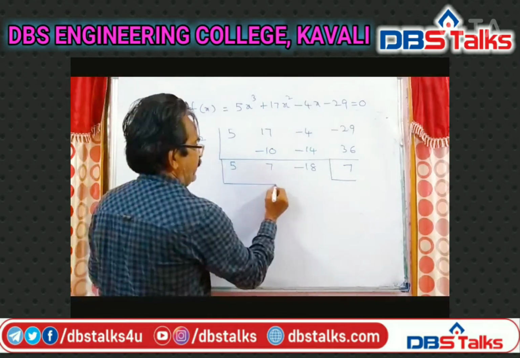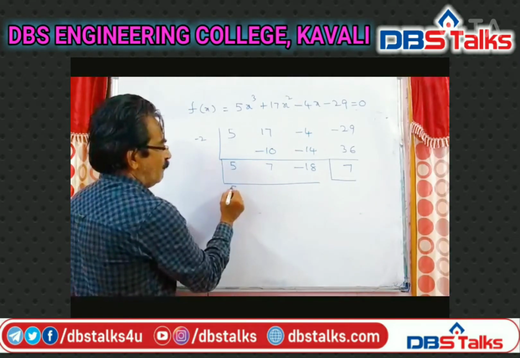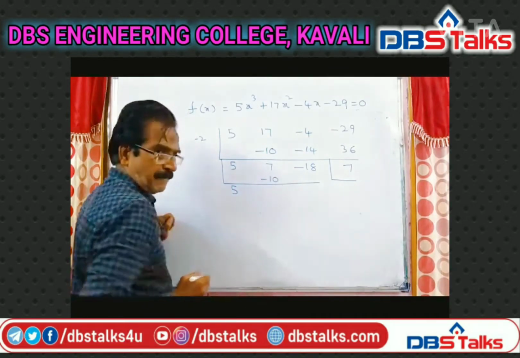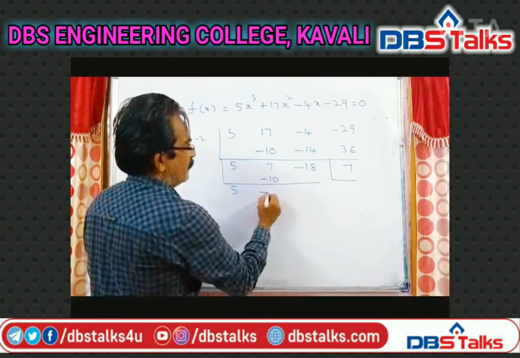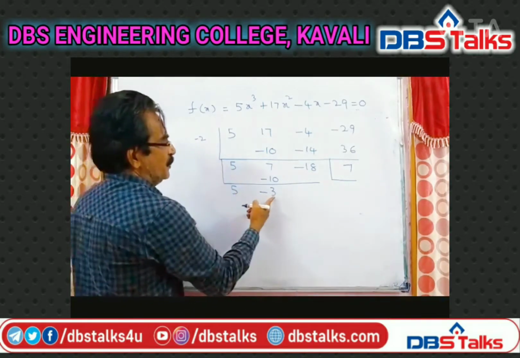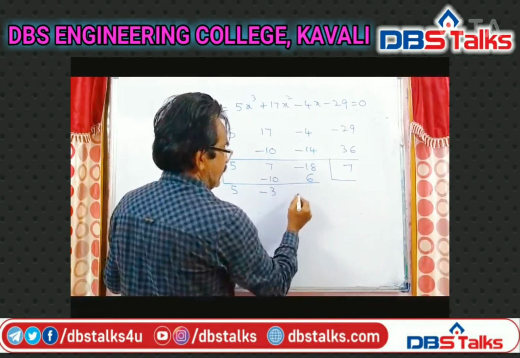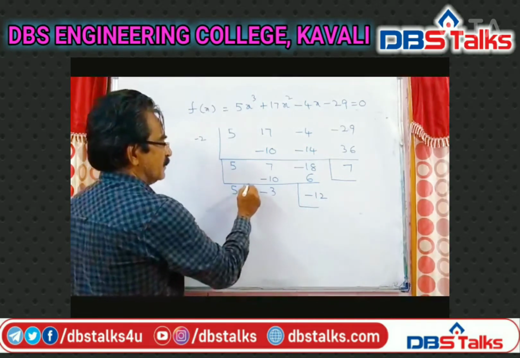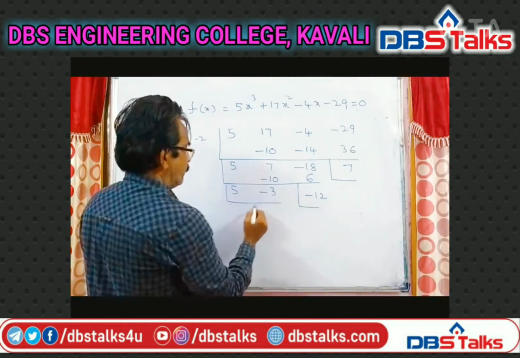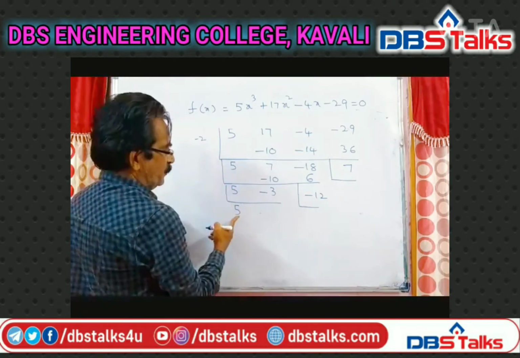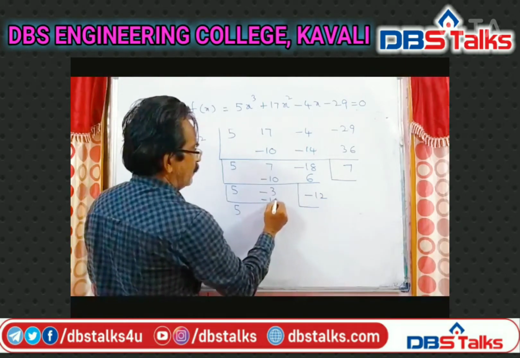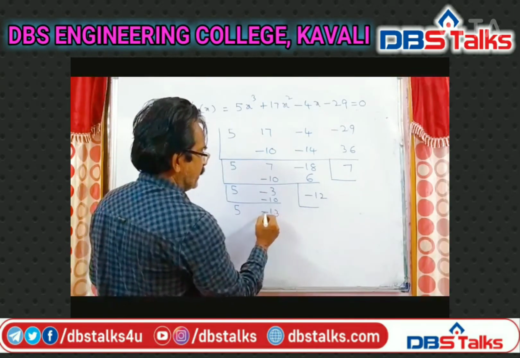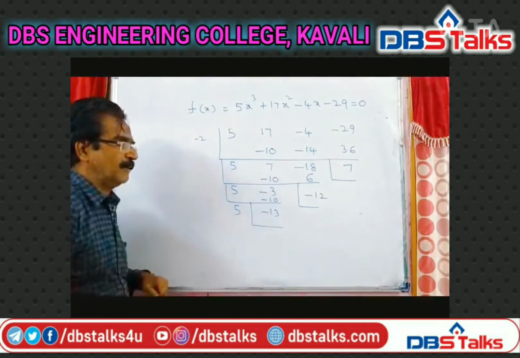Let us go the same way. 5, minus 2 into 5 is minus 10, minus 3. Minus 2 into minus 3 is plus 6, minus 12. Same way, minus 2 into 5 is minus 10, minus 13. So the required equation, friends, our process is over.